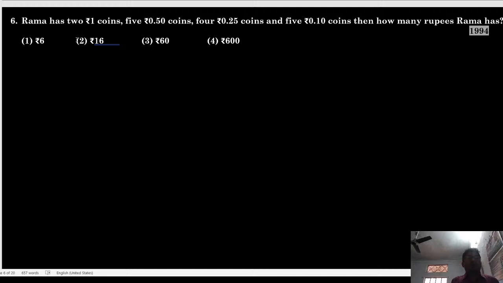Sixth one. Rama has 2 one-rupee coins, 5 fifty-paise coins, 4 twenty-five paise coins, and 5 ten-paise coins.